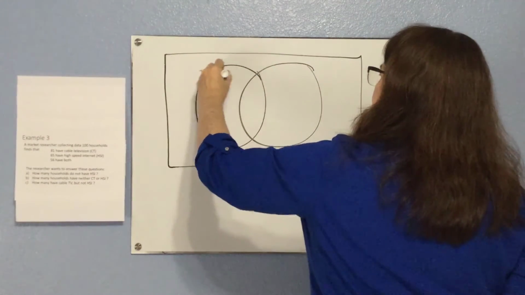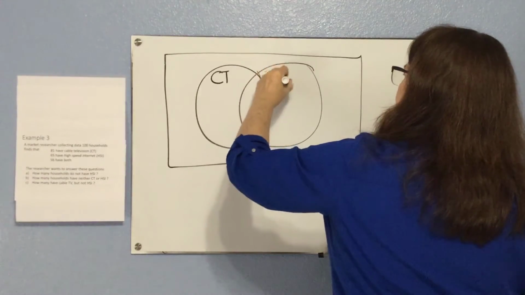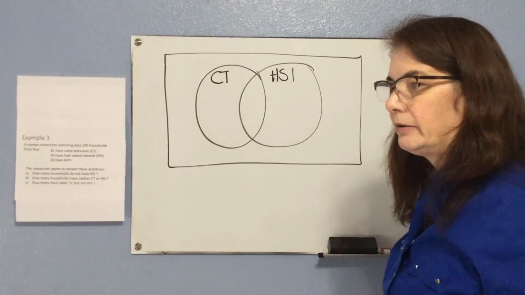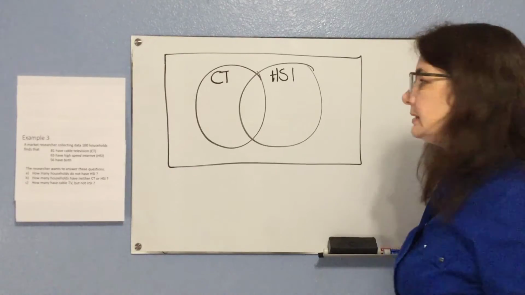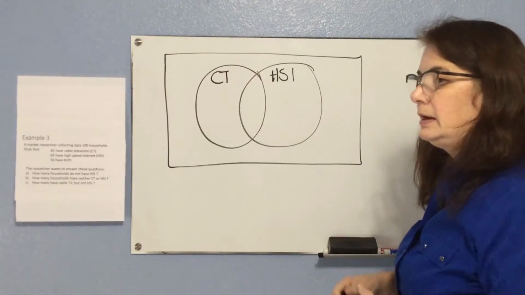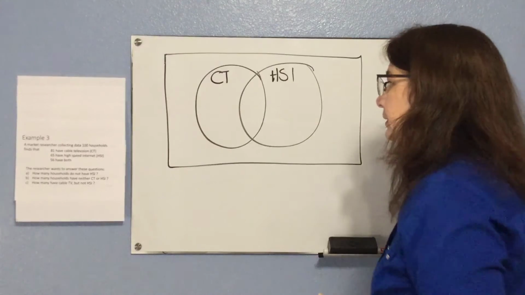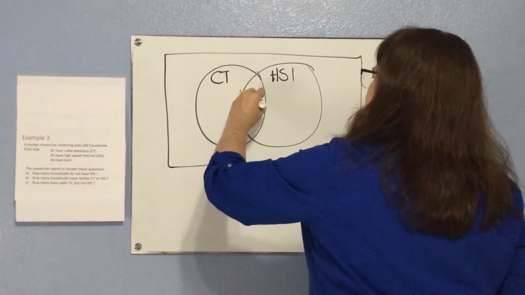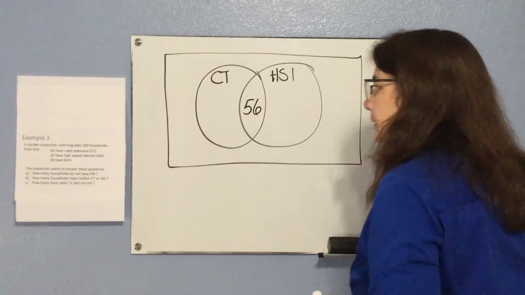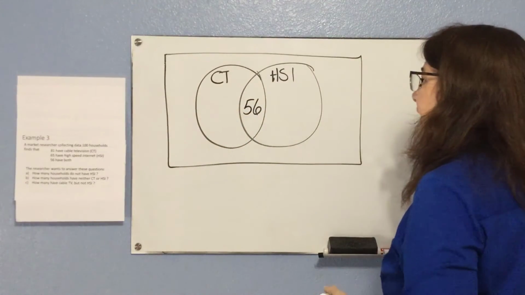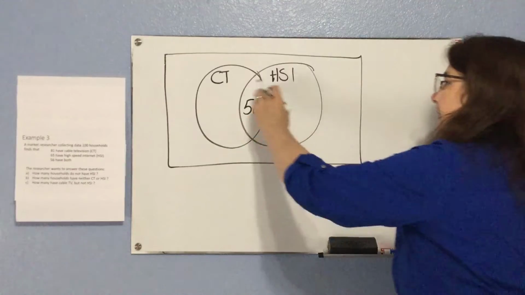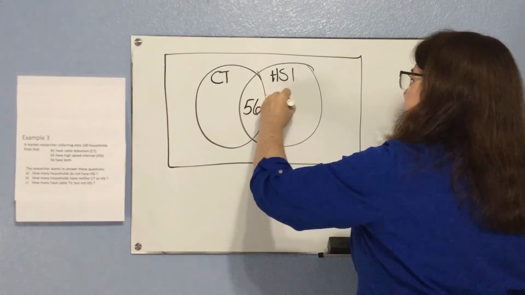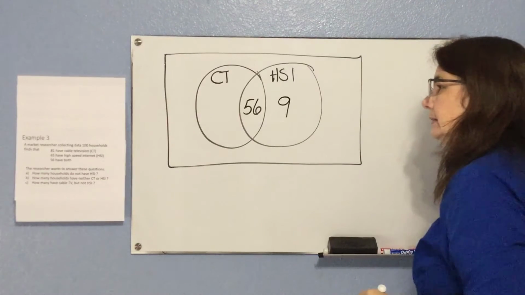So I'll call this CT and call this HSI. When I'm building a Venn diagram, usually it's easiest to start in the center and work your way out. They said that 56 had both, so I'll put 56 in this area. 65 had high-speed internet, but that includes these 56. So that's an additional 9.